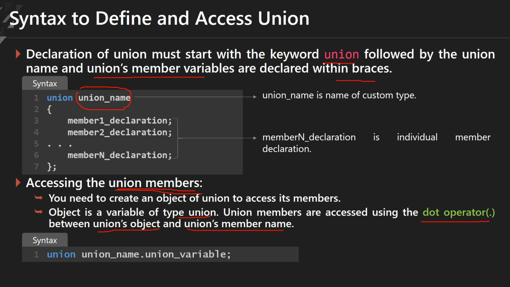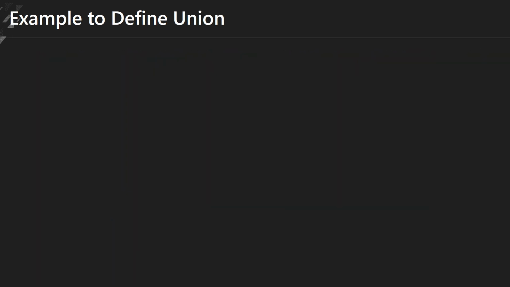Let us see that syntax. The union name is used to create an object, that is a union variable, then dot, and you can use that to access the member of the union. Before that, you have to create the object of the union, and using that object and the dot operator you can access the members of the union.